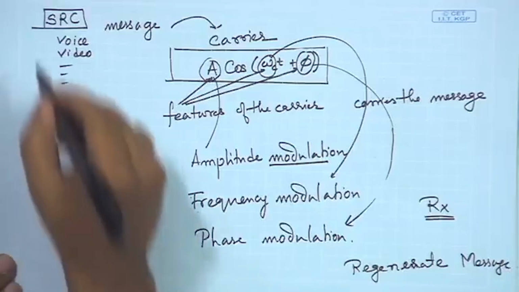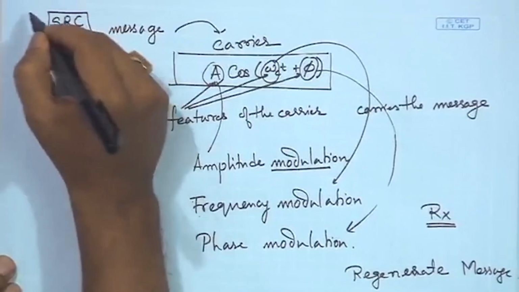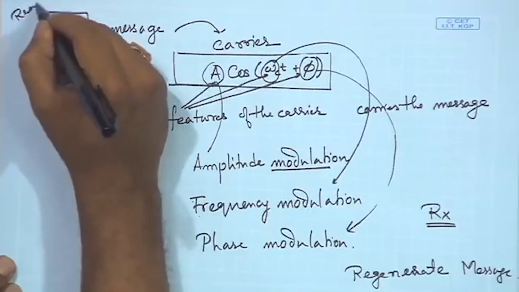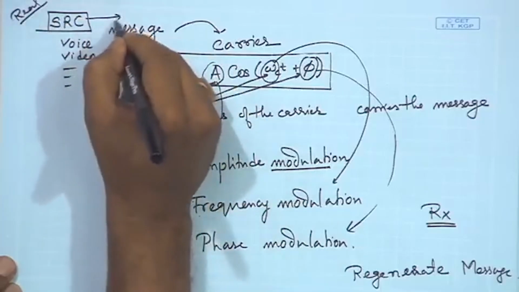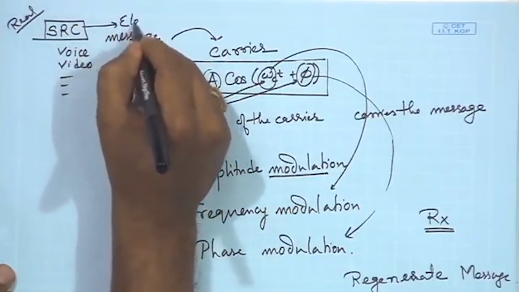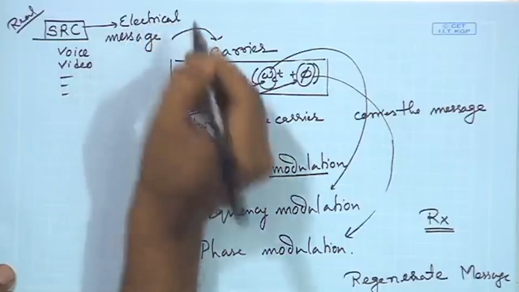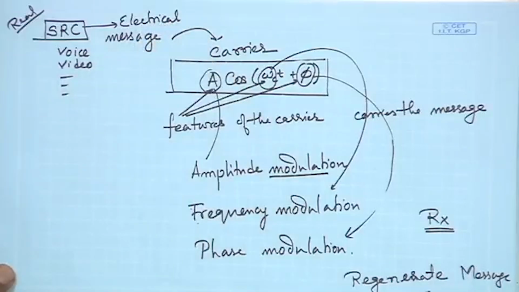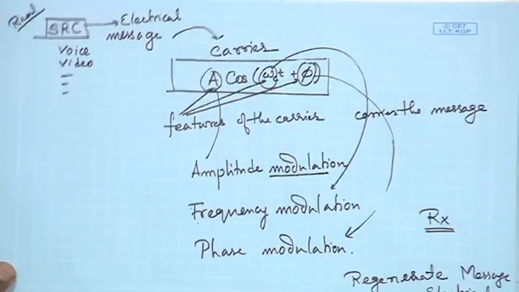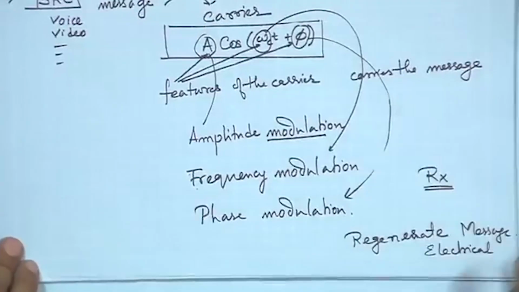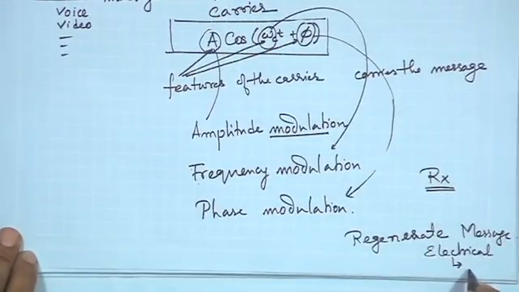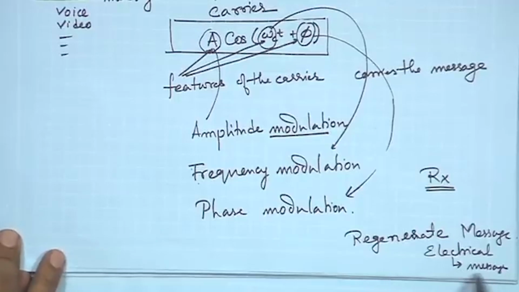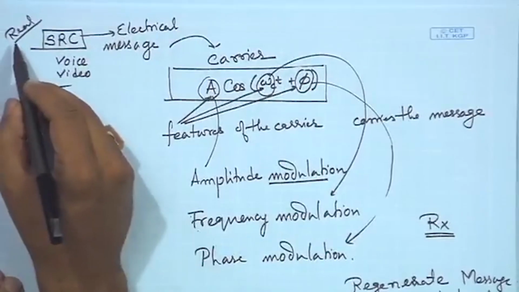Generally this source is some real source, and here you generate the electrical signal. Similarly, at this point we are talking about the electrical message signal, which again passes through some transducer to become the original message, for example the speaker, if there is a voice.